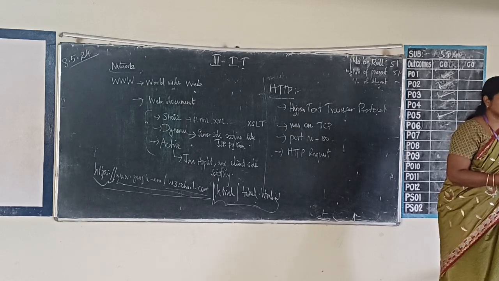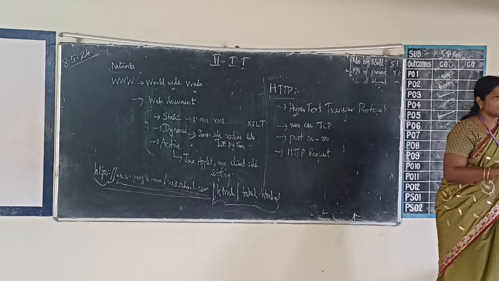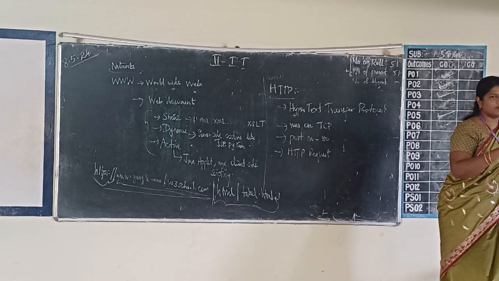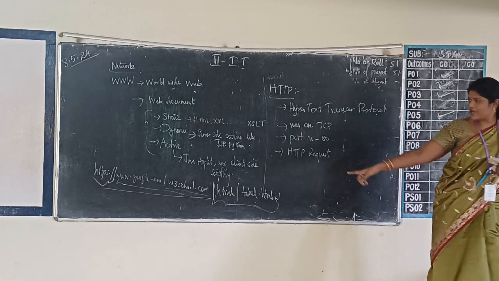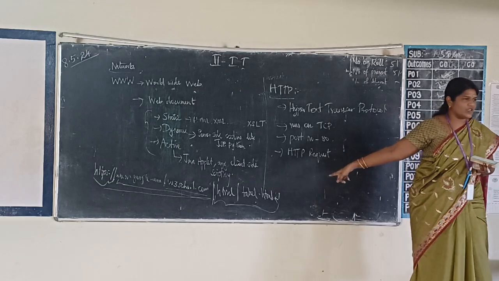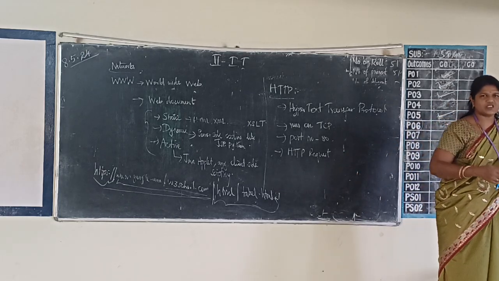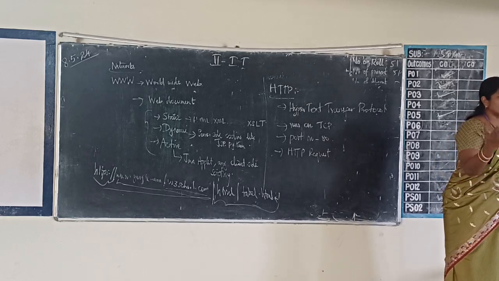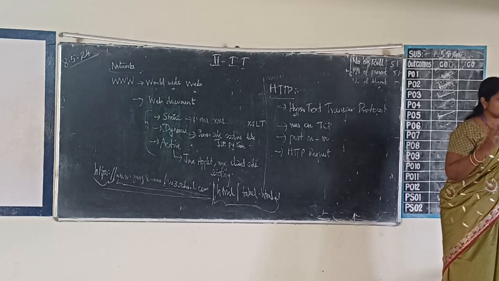There is a difference between active and update. How can you tell me? There are two pages. For example, you are opening a table page here. This is one page. And you open a login page, your Gmail login page. Which one is an active page? Which one is a static page?